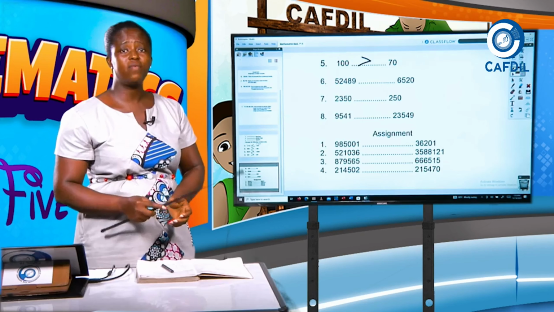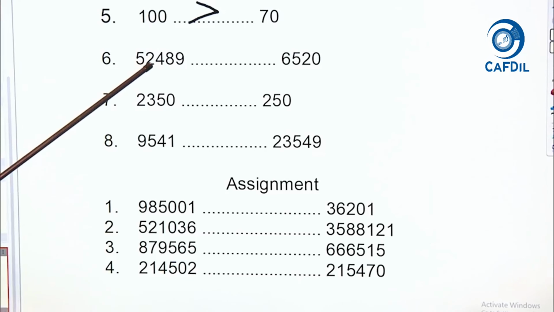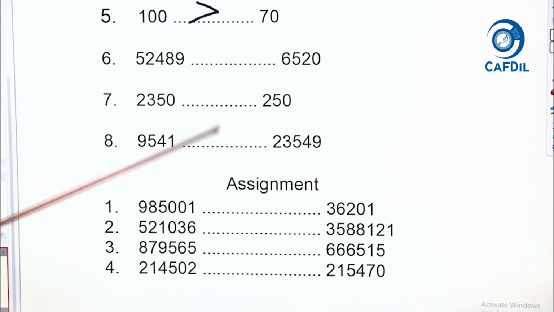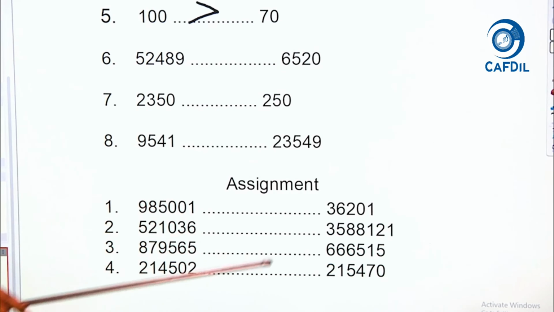Count the number of digits for both numbers. So here we have 1, 2, 3, 4, 5. 5 digits here. And this one has 1, 2, 3, 4. You see? So you can't just look at the numbers and then determine which one is greater or less than the other.